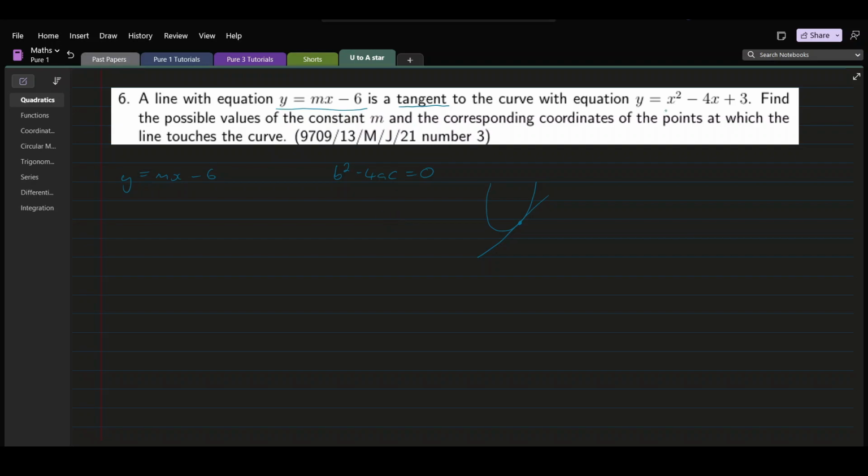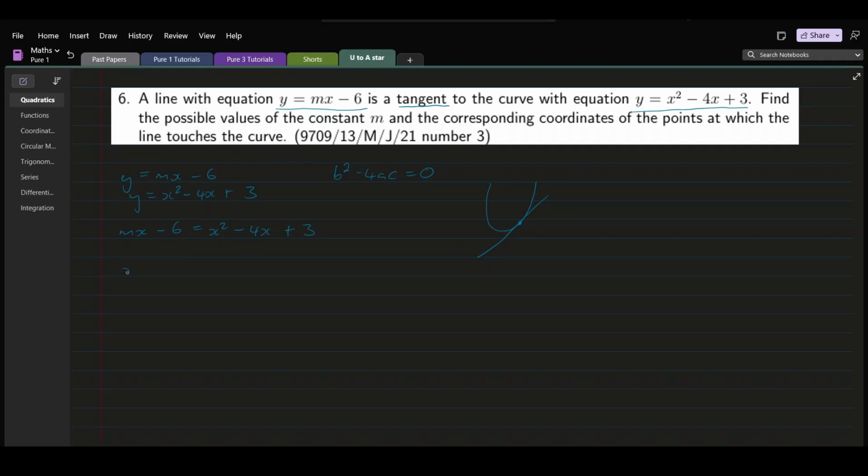Okay, and this is tangent to the curve y equals x squared minus 4x plus 3. So let's start by equating the two equations together. mx minus 6 is equal to x squared minus 4x plus 3.